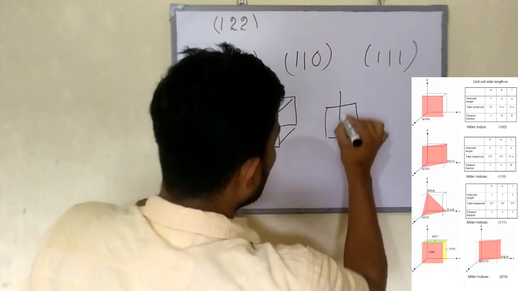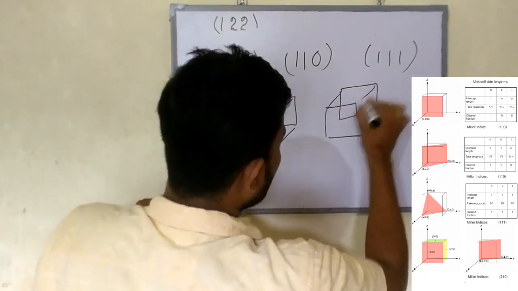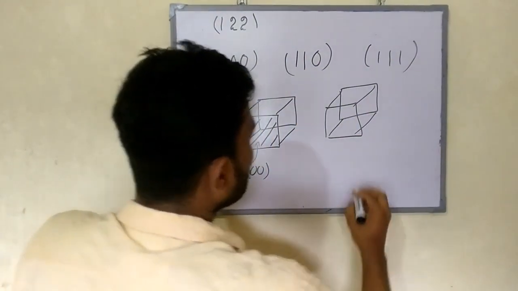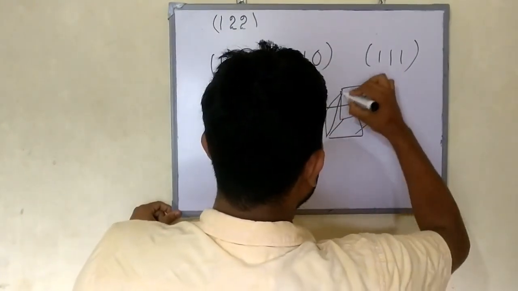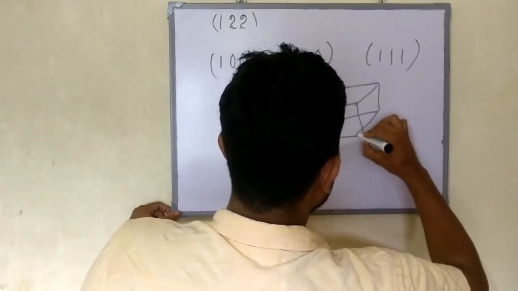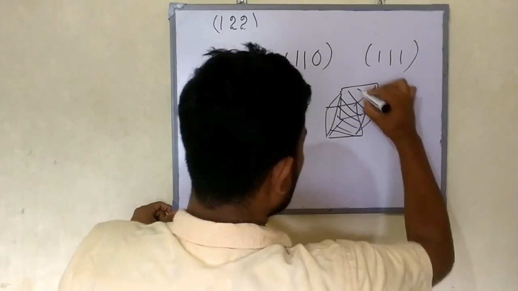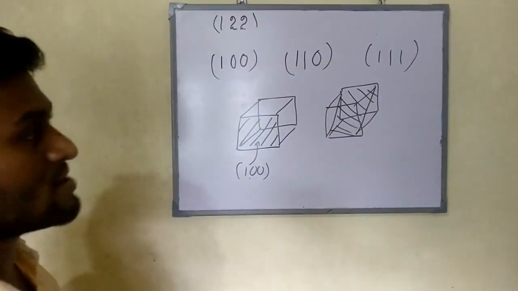And for the next Miller indices, the 1, 1, 0 plane will be this one.